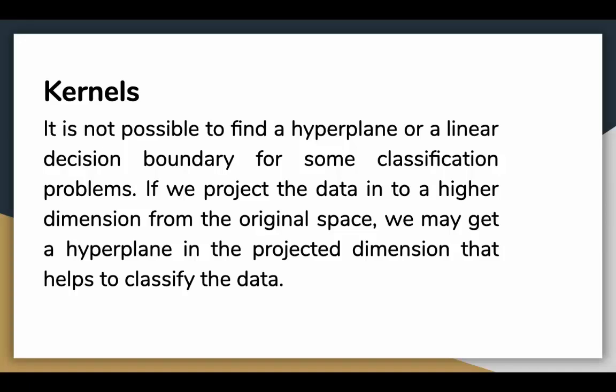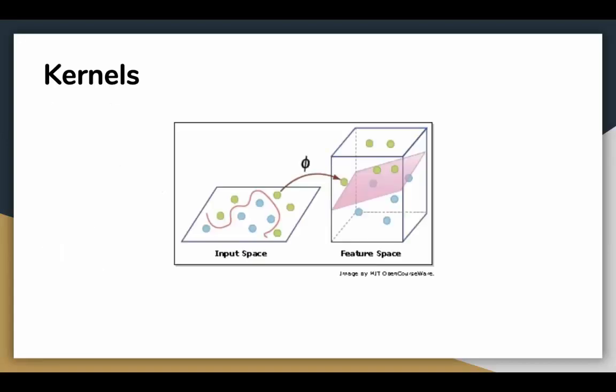Sometimes it is not possible to find a hyperplane or a linear decision boundary for some classification problems. If we project the data into a higher dimension from the original space, we may get a hyperplane in the projected dimension that helps to classify the data. Let's see what we mean here. As shown in the figure, it is impossible to find a line to separate the two classes green and blue in the input space.